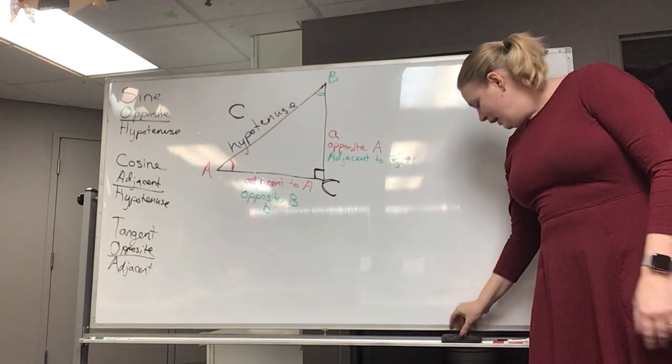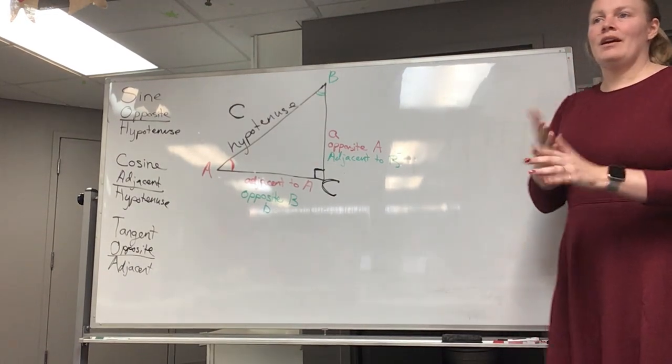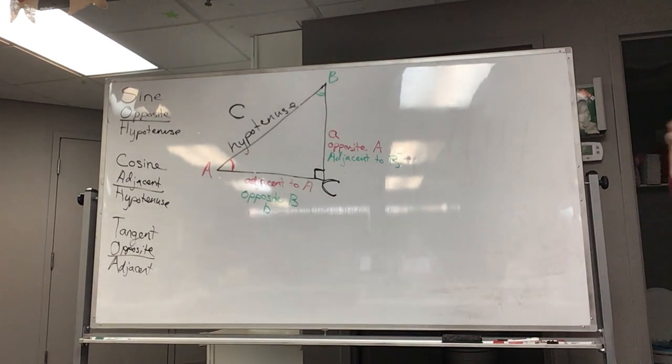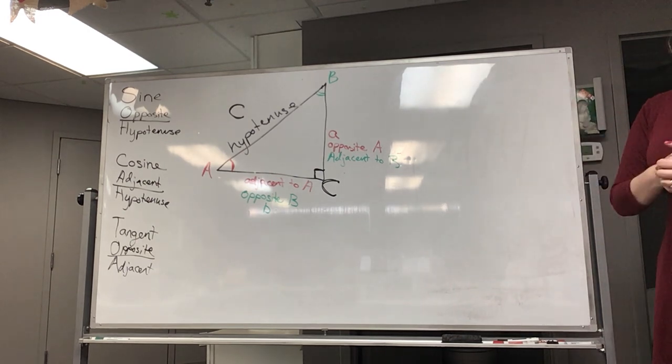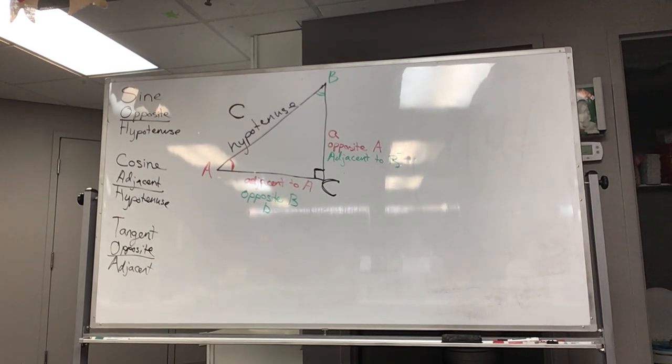I went to a math meeting on Friday with a bunch of different math teachers, and we were talking about the curriculum and what is the overlap between the classes, and sine, cosine, and tangent shows up in everything from geometry on. It just keeps coming back. It gets used in different ways, it has those crazy graphs, but the building block is that triangle. And so the sooner you can memorize it, the better.